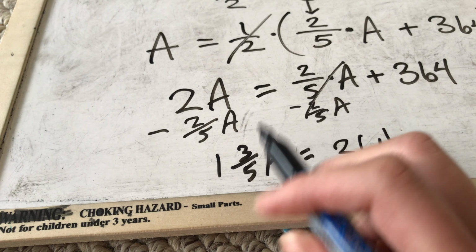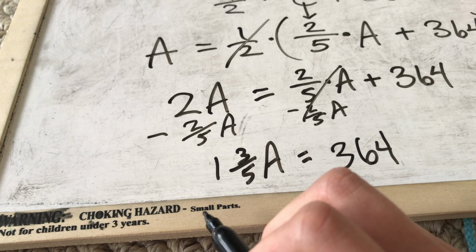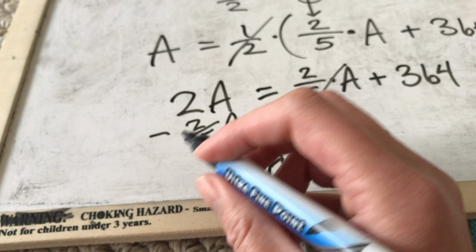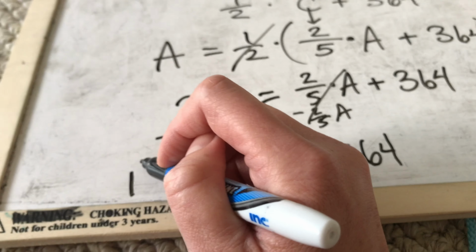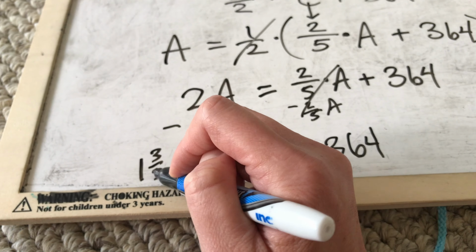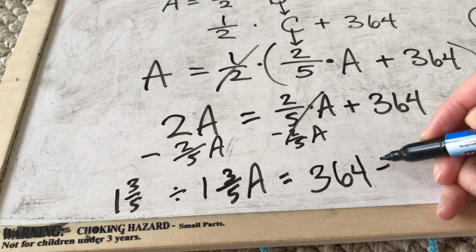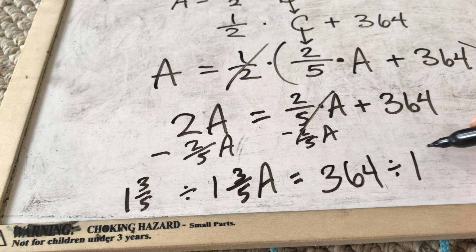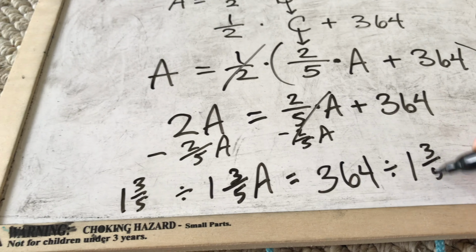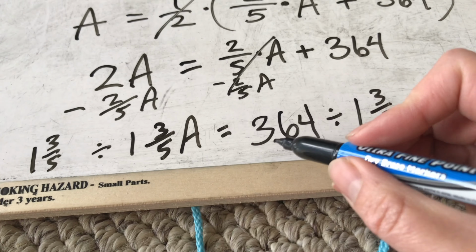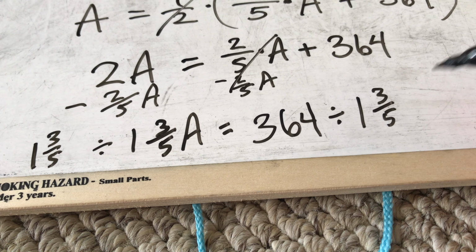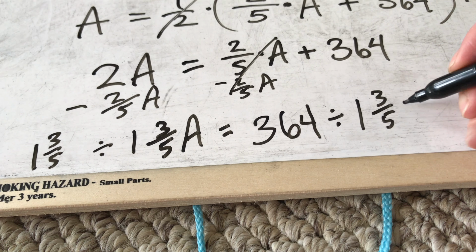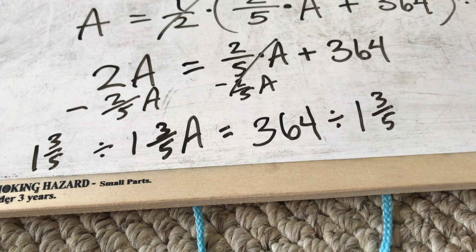So the opposite of times 1 3/5, I'm going to divide by 1 3/5. I got to do it on the other side. So if you put in 364 divided by 1 3/5, you can also write it as an improper fraction.